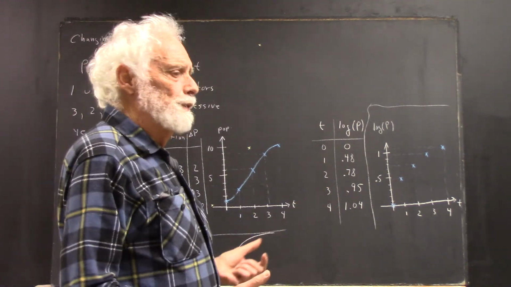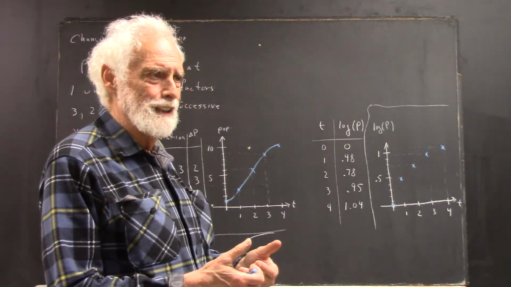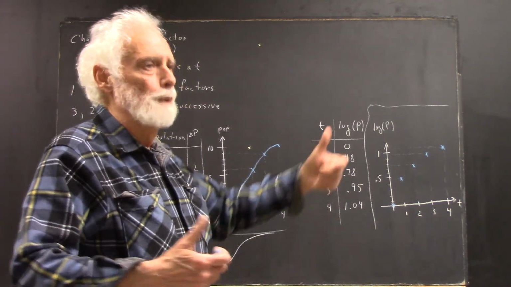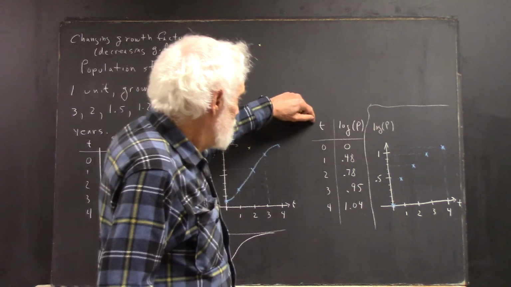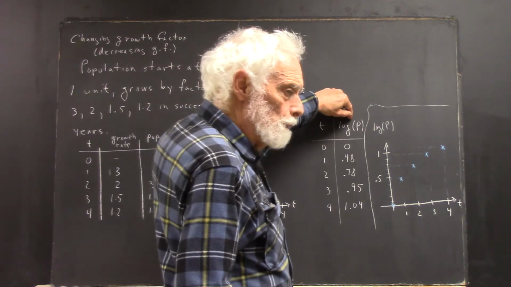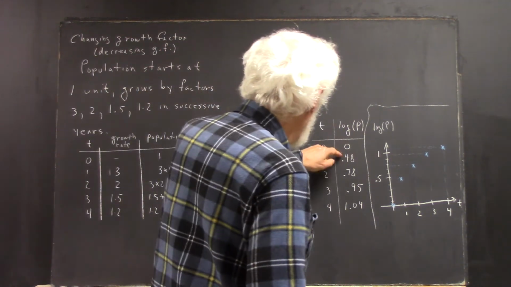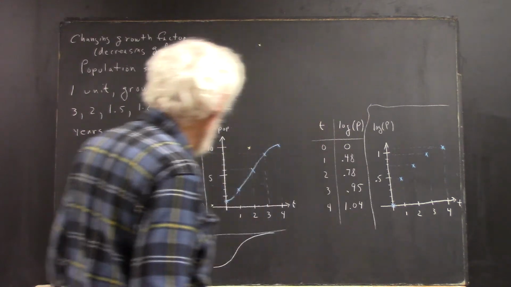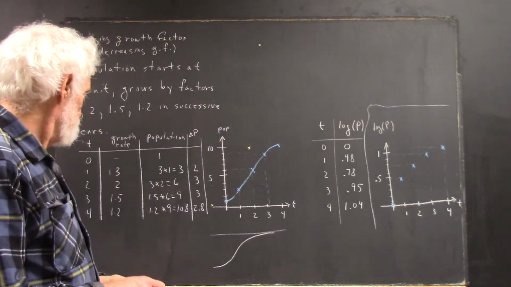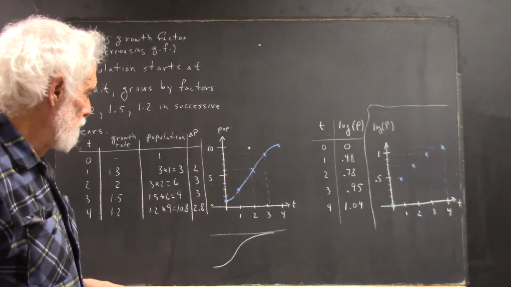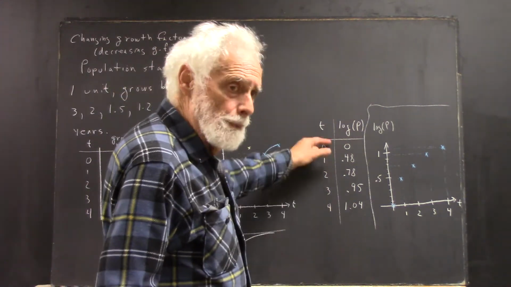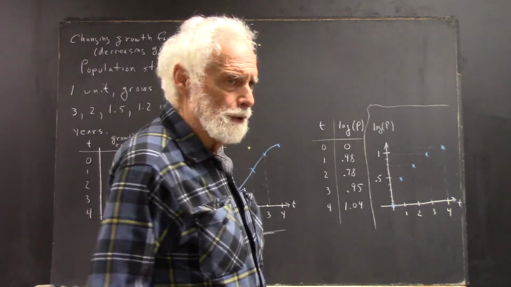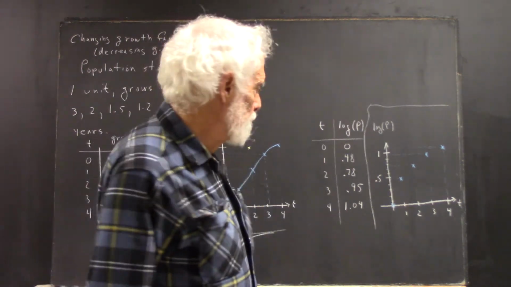When you start with a population of 1 unit and end up with a population approaching 1 million units or 1 billion units. So t versus log P. These are the approximate logs. I approximated these. I didn't go to a calculator or anything, but I think they're fairly accurate, probably within 100ths or maybe 200ths.